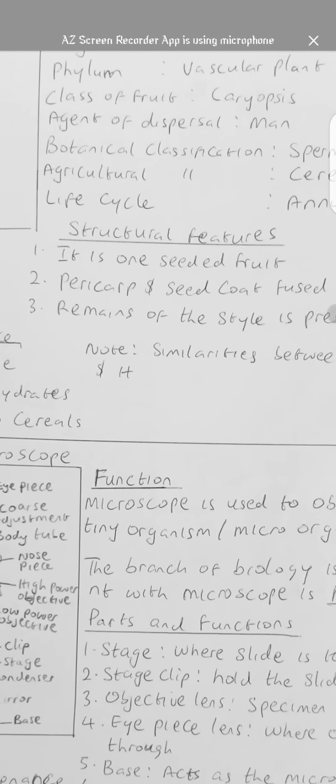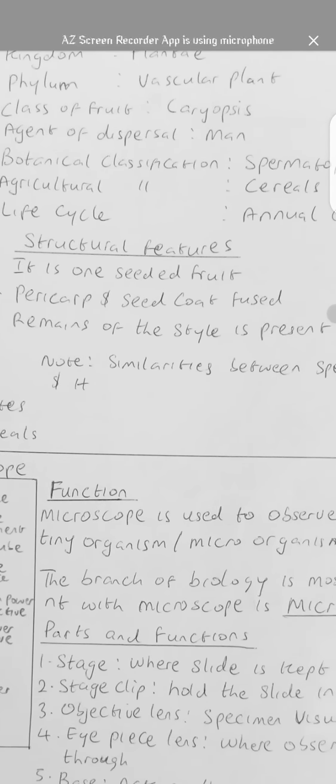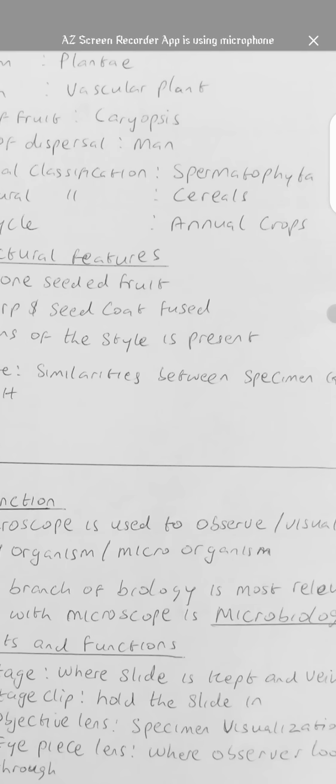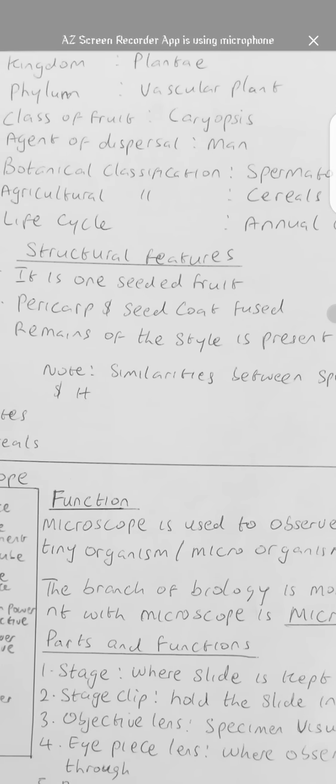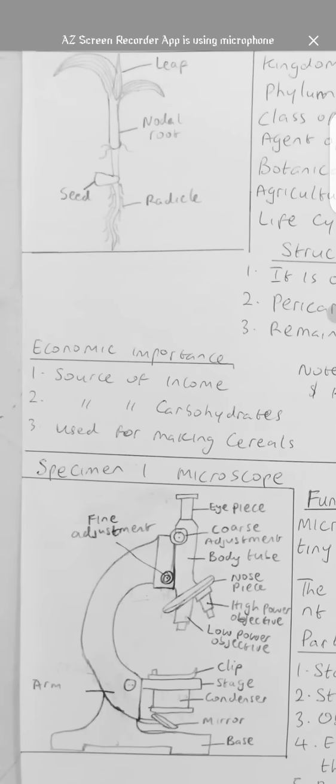If you go up here, you can see that they are both annual crops. They are both spermatophytes. They are both vascular plants, and they belong to what? Plant kingdom Plantae. So that's the similarities. So let's go to the importance of maize: source of income, source of carbohydrate, used for making cereals.